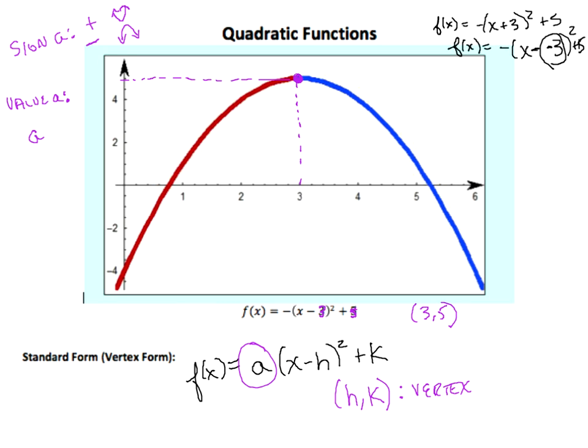So that's the sign of A, and then the value of A: if the absolute value of A is greater than 1, then we have a vertical stretch.